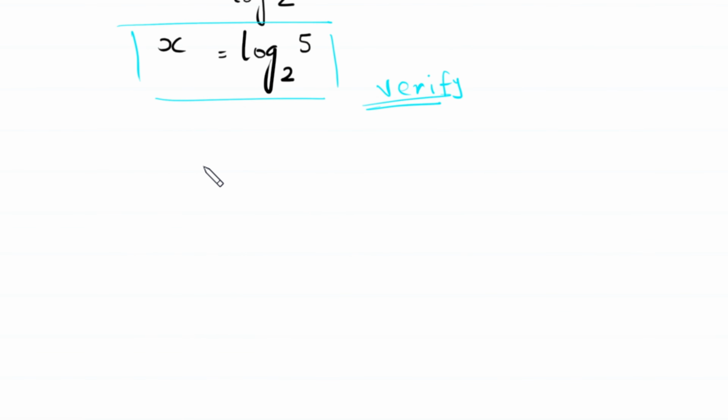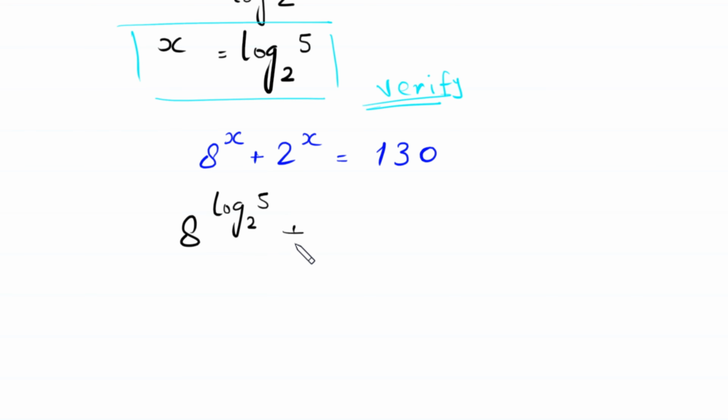The original equation is 8 to the power x plus 2 to the power x is equal to 130. So when x is equal to this value log base 2 of 5, then this equation will become 8 to the power log base 2 of 5 plus 2 to the power log base 2 of 5.